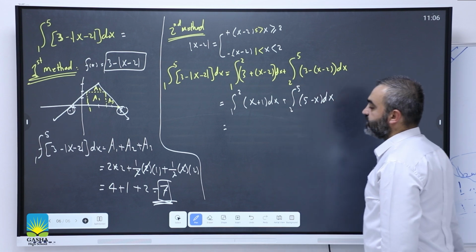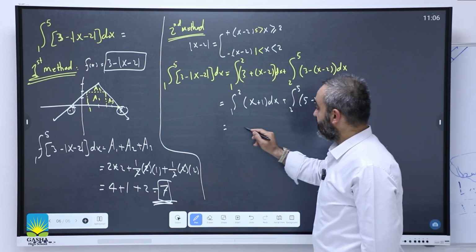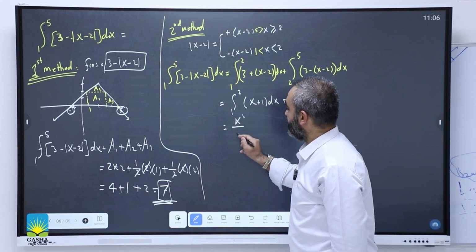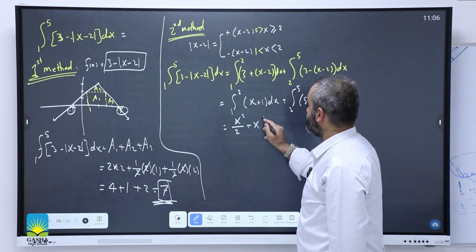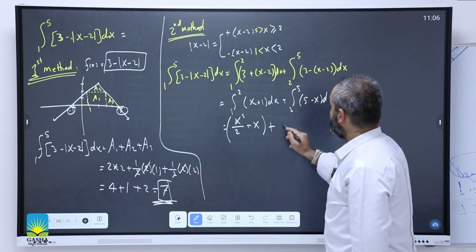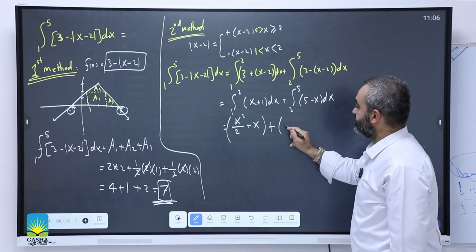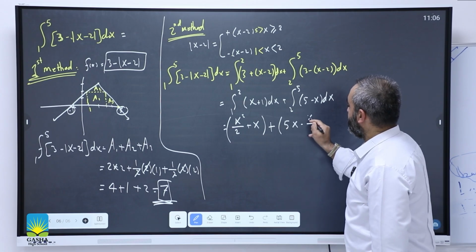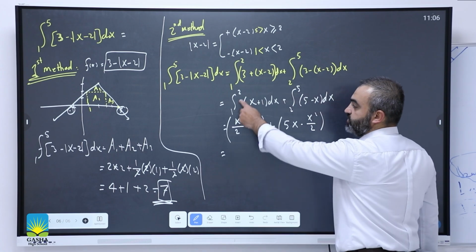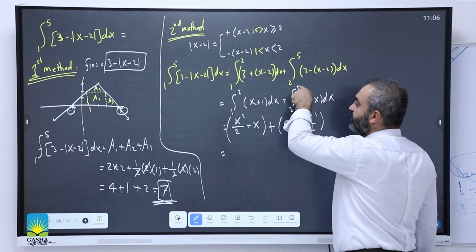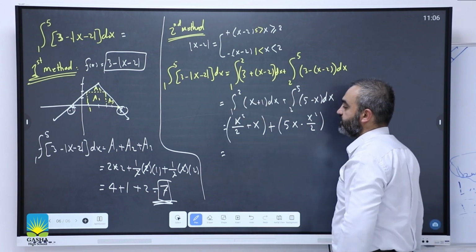What is the integral for this? It's x squared over 2, plus x for the integral of 1. The second is 5x minus x squared over 2. And we substitute 2 and 1 here, and 5 and 2 here.